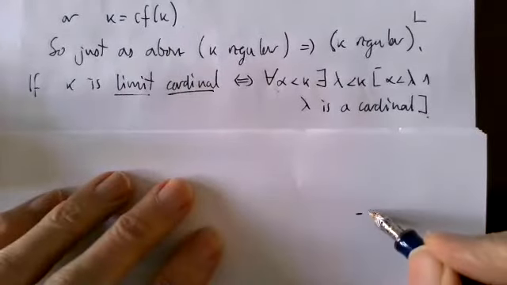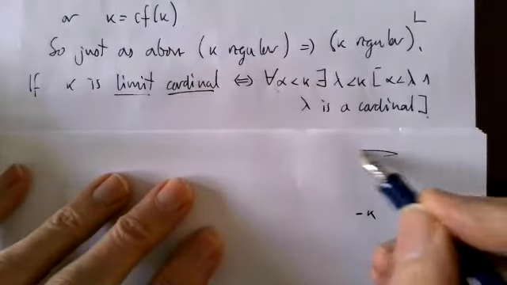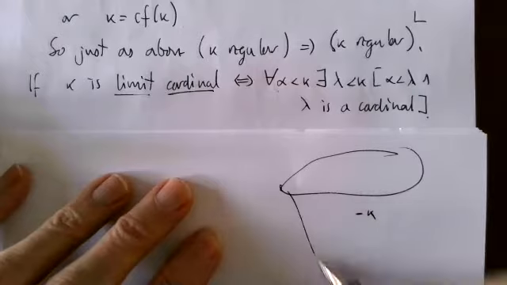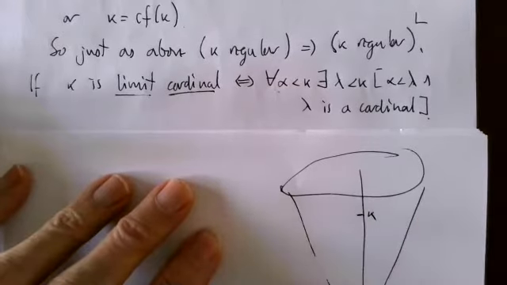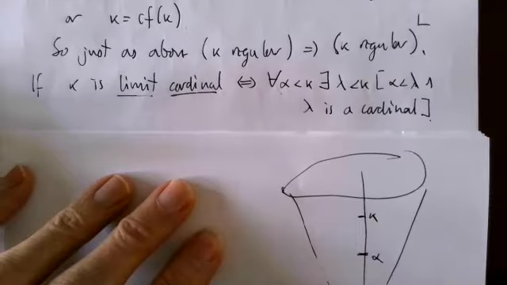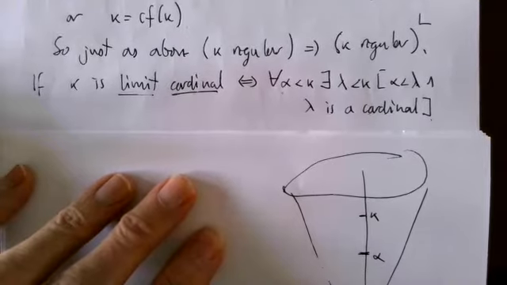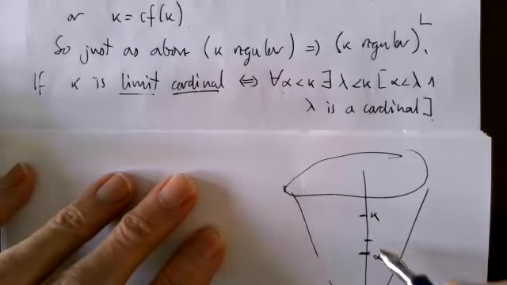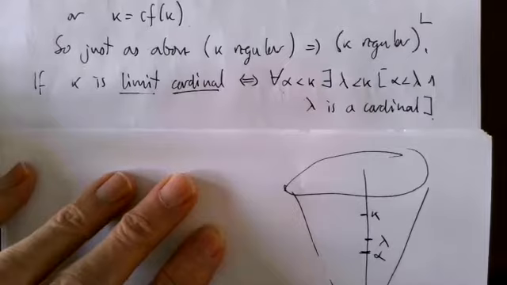So again, the picture would be, here is kappa. Kappa is a limit cardinal. Any alpha I pick, or you give me, then I can find a lambda that's bigger than alpha, which is a cardinal.